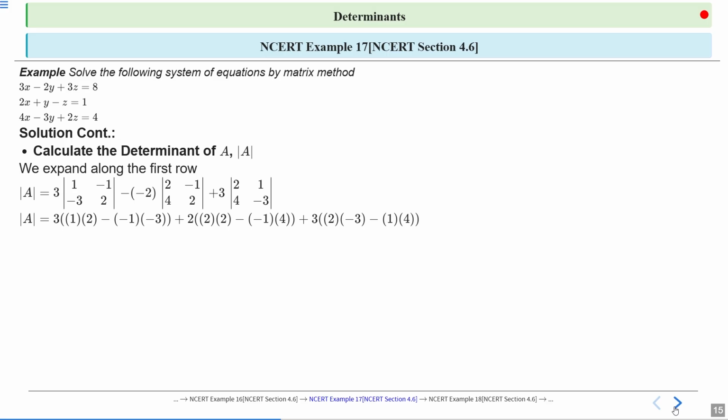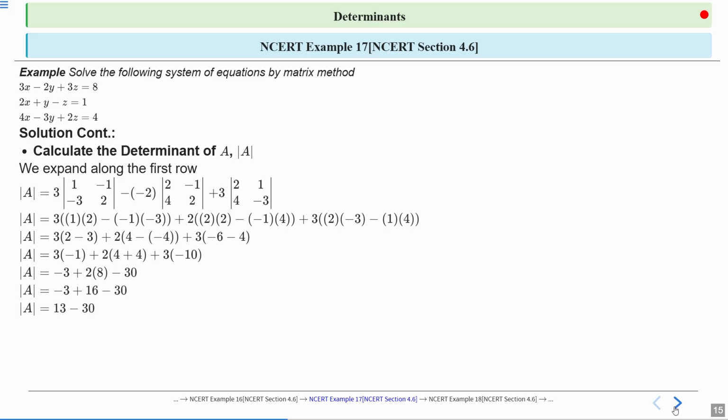Calculate the determinant of each 2 cross 2 matrix as the product of diagonal elements minus the product of off-diagonal elements. So 3 into (2 into 1 minus (-1) into (-3)) plus 2 into (2 into 2 minus (-1) into 4) plus 3 into (2 into (-3) minus 1 into 4). When we simplify, we get determinant of A is equal to minus 17.